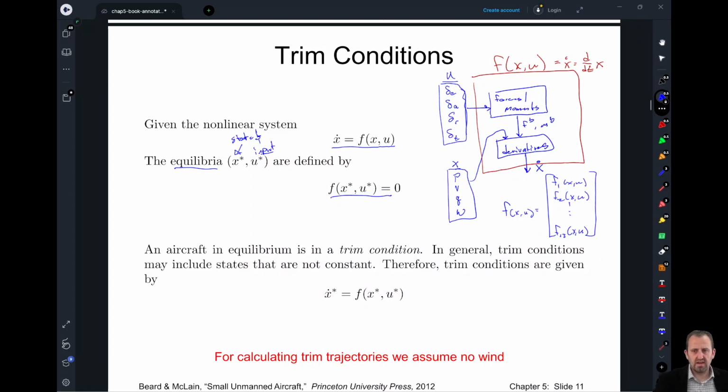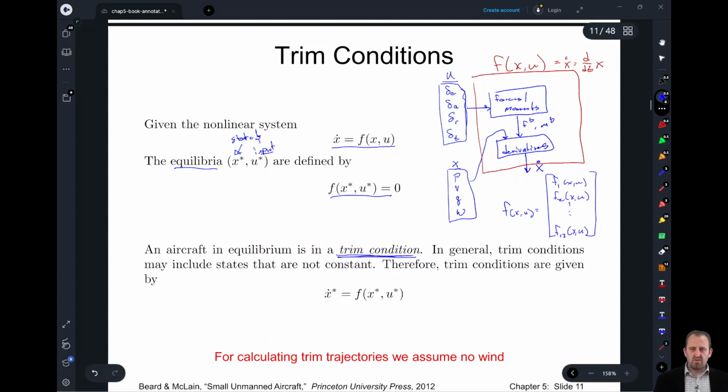We don't really care as much for our dynamics equal to 0 because we're not going to have our aircraft go somewhere and just stop midair, right? So an equilibrium isn't necessarily exactly what we want, but it's along those lines, where we have a constant state, constant input, and a nice condition. So an equilibrium is a trim condition.